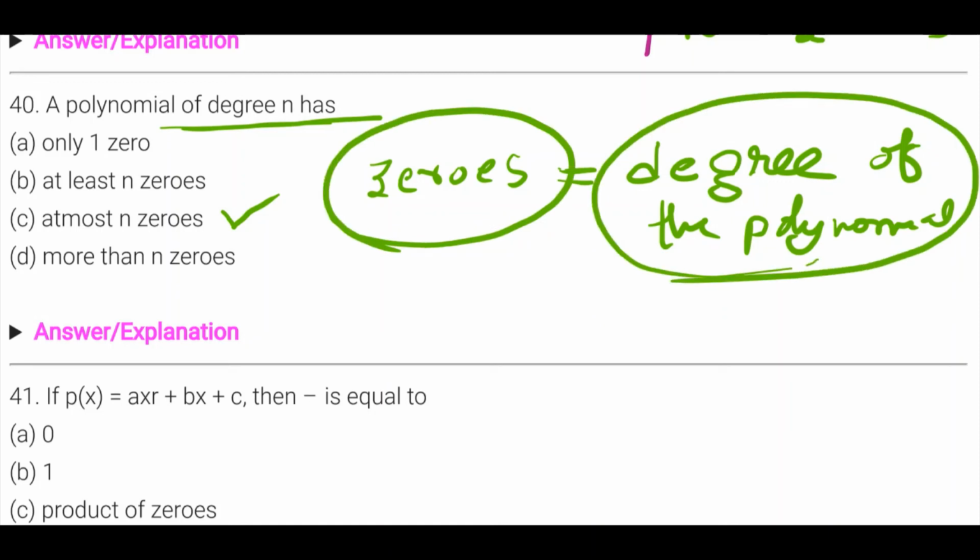For a cubic polynomial, we can have 1, 2 or 3 zeros. So 3 is the maximum limit. Similarly, for degree n, n is the maximum limit. So at most we can have n zeros. We can have 1, 2, 3, n minus 1, n minus 2, but the maximum limit is n zeros. More than that we can't get. This is an important question.